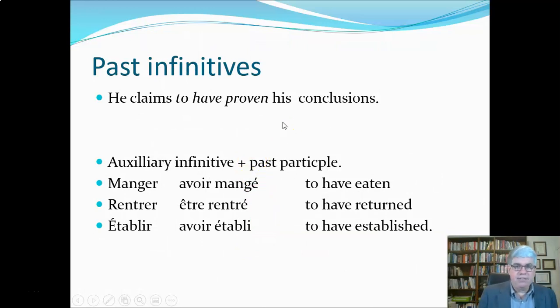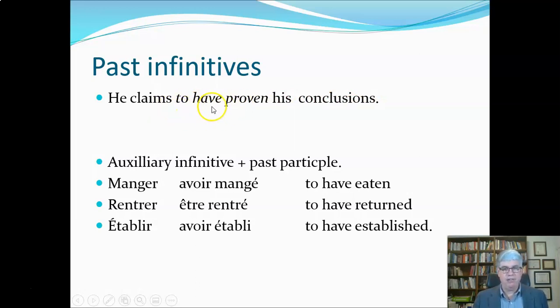All right, now let's look at past infinitives. So we can have a sentence, he claims to have proven his conclusions. So what type of a verb is this, to have proven? That is a past infinitive. We could say he claims to prove his conclusions, but that's indicating that he's doing it in the present tense.